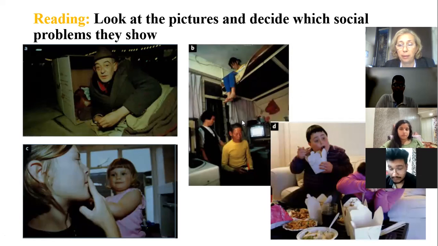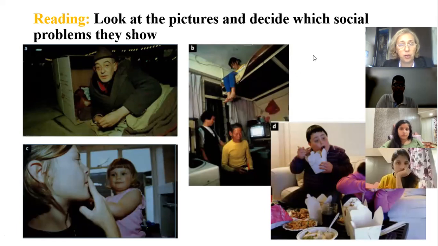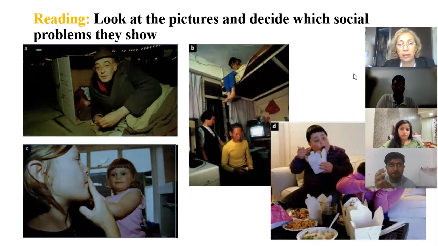Welcome back. We are going to read some information about social problems, because when a doctor deals with his patients, he needs to understand the social situation the patient lives in. Looking at the pictures, we should decide which social problems they illustrate.